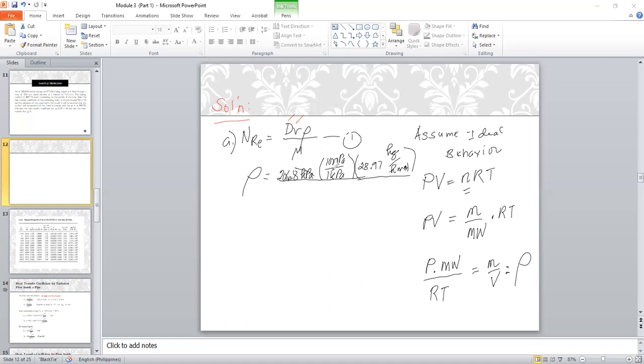And let me cancel this one. Then we have for the R, what's the appropriate R to use here? Since we're using SI units, we'll be using 8.314, right?